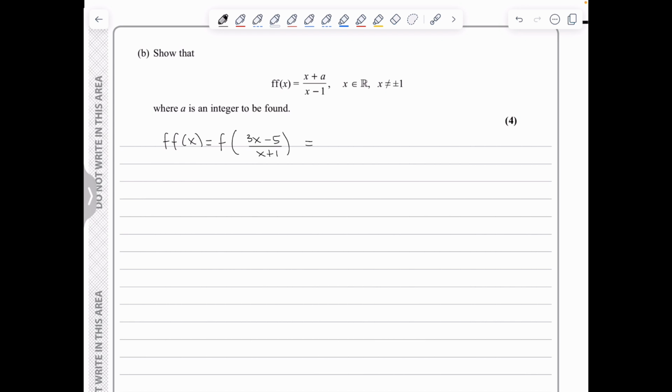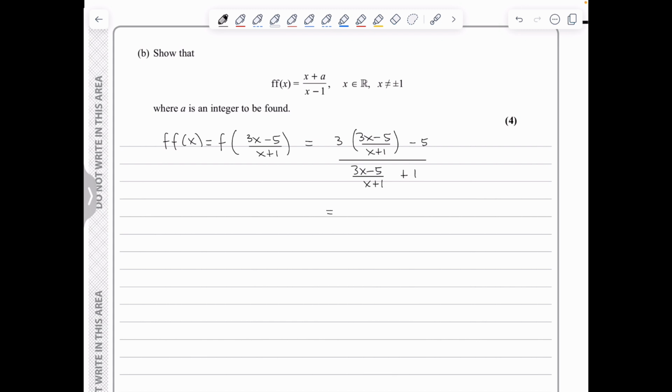So this will give me 3 brackets (3x minus 5) over (x plus 1) minus 5, over (3x minus 5) over (x plus 1) plus 1.